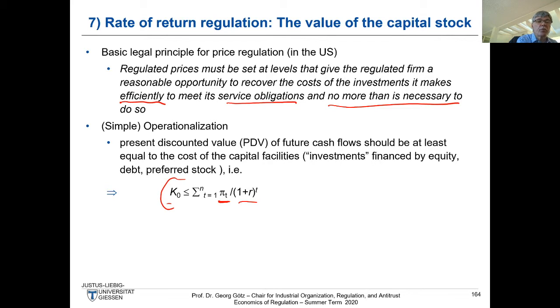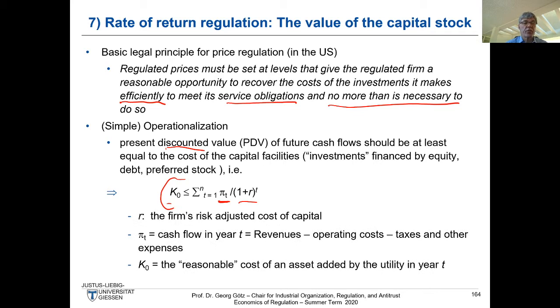So this is what is stated here: the present discounted value of the future cash flows should be at least equal to the cost of these capital facilities, these investments which are financed by equity, by debt, by preferred stock, Vorzugsaktien, and so on.